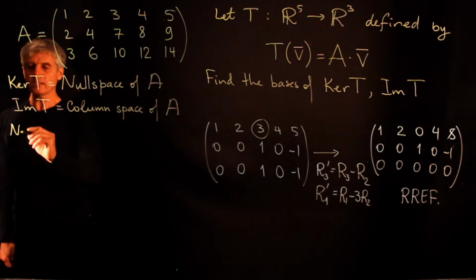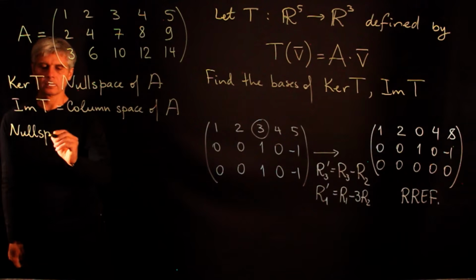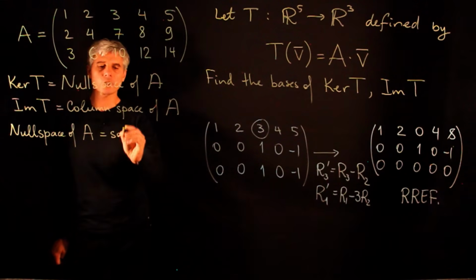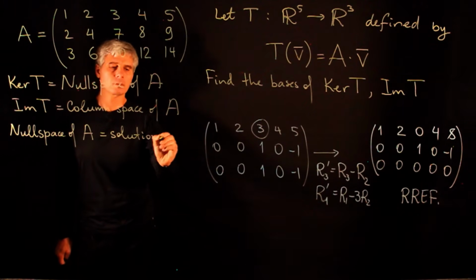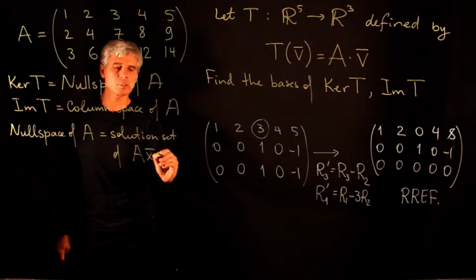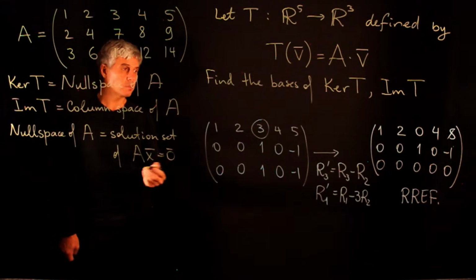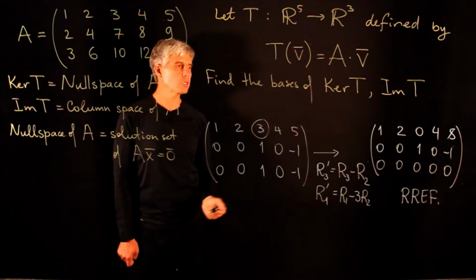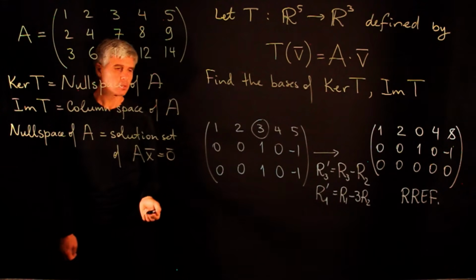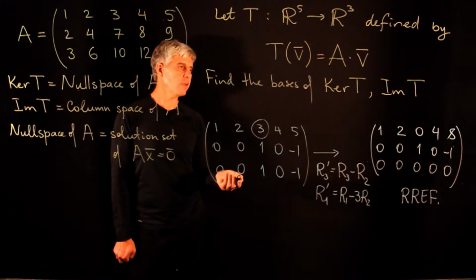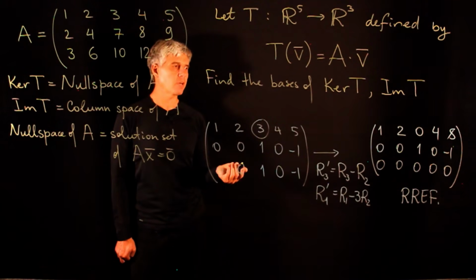We know that the null space of A is the solution set of the system AX is equal to 0. So this means that we need to write down the solution set for the homogeneous system with this matrix. To do this, we have to identify our leading variables and our free variables.